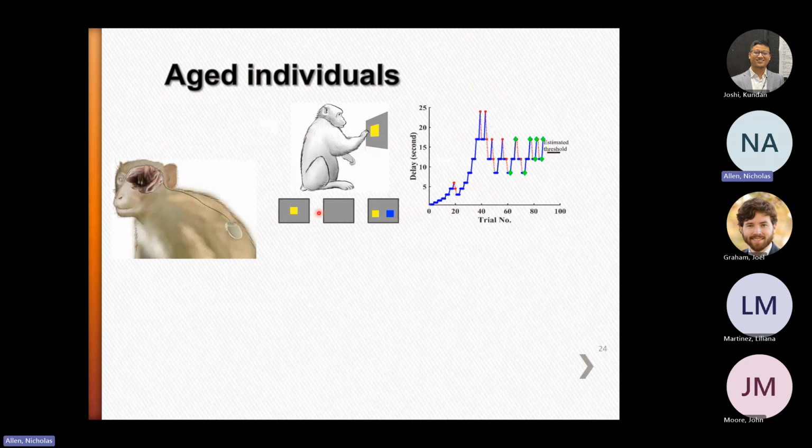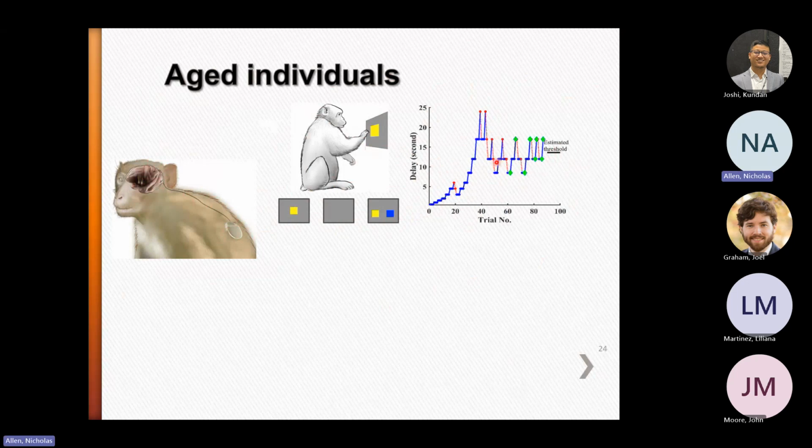If the monkey does well, we increase the difficulty of the task, and if the monkey started making errors, we would decrease it, so we can find the estimated threshold. That is, what is the delay period at which the monkey could do this task with approximately 80% accuracy.